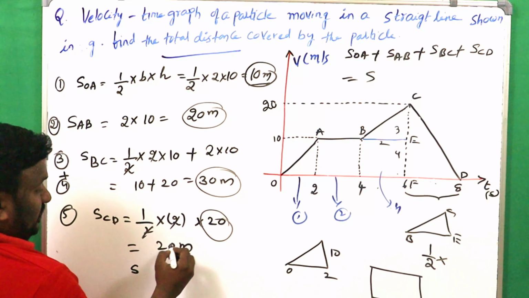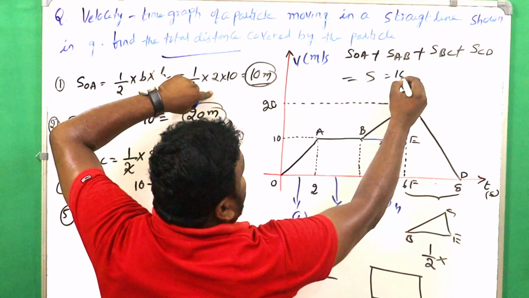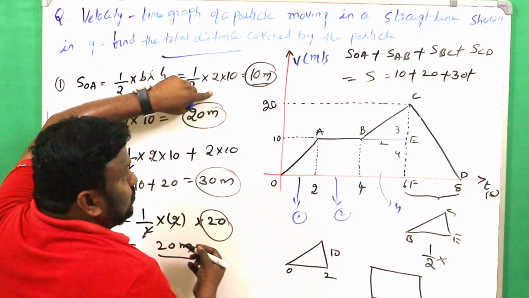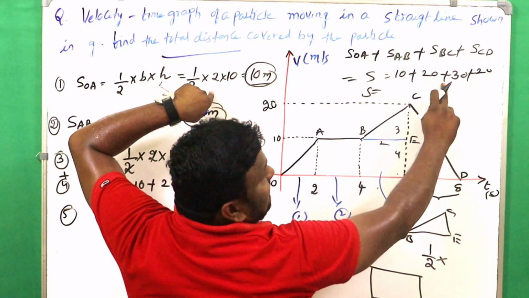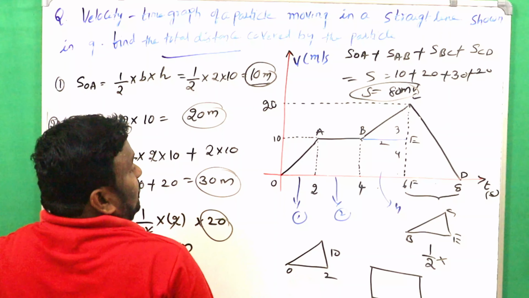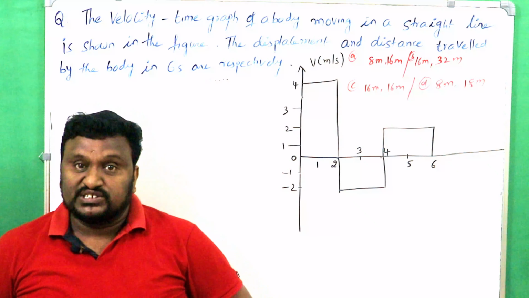Then S is equal to 10 plus 20 is 30, 30 plus 30 is 60, plus 20 is 80 meters. So 80 meters is the total distance covered in this situation. Clear? See the next model.